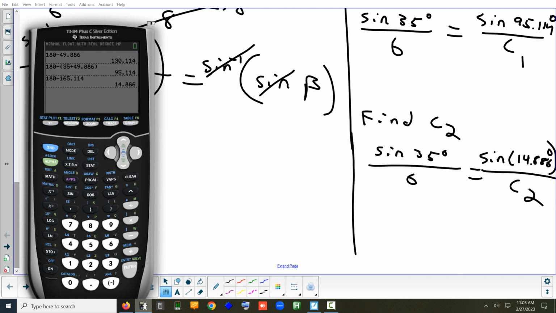Now cross multiply and we'll have our answers. C1 is going to be 6 sine 95.114 divided by sine 35. So there's your answer for C1, 10.419.